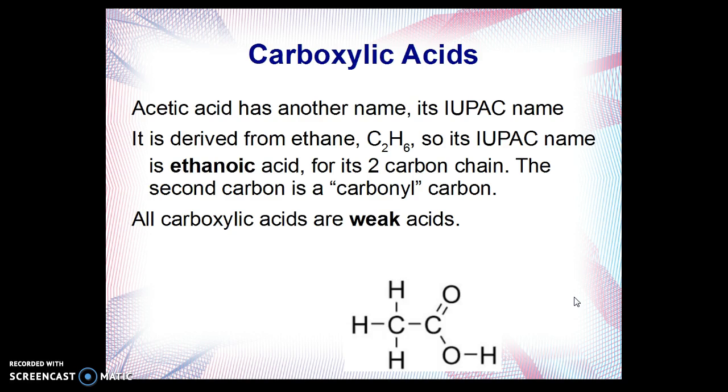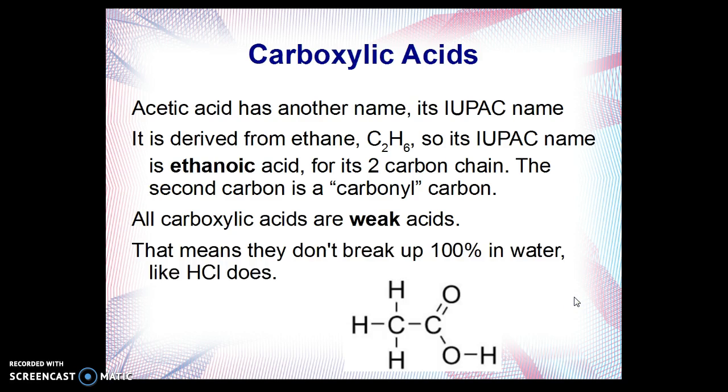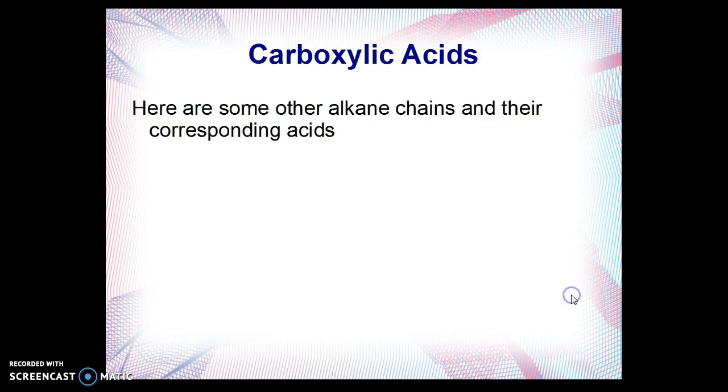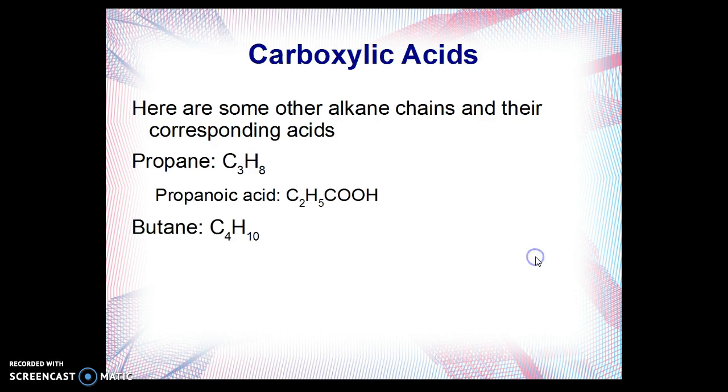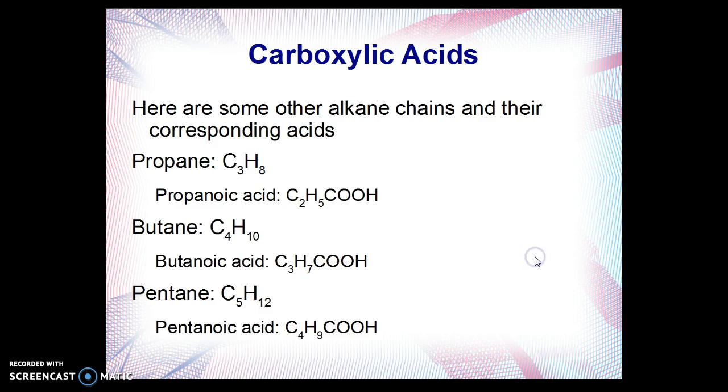All carboxylic acids are very weak acids, so they don't break up 100% in water like HCl, HNO3, and H2SO4 do. Here are some other alkane chains and their corresponding acids: propane and propanoic acid, butane and butanoic acid, sometimes called butyric, pentane and pentanoic acid.